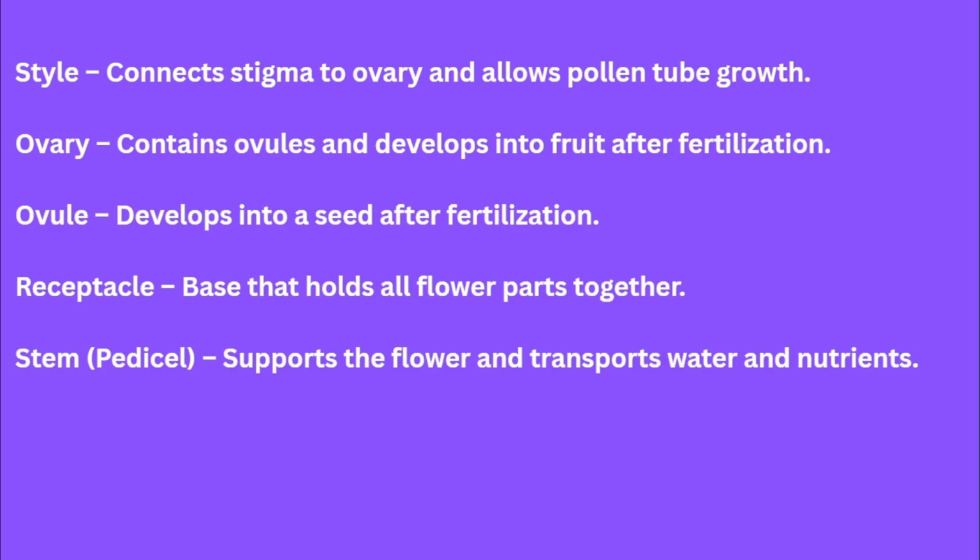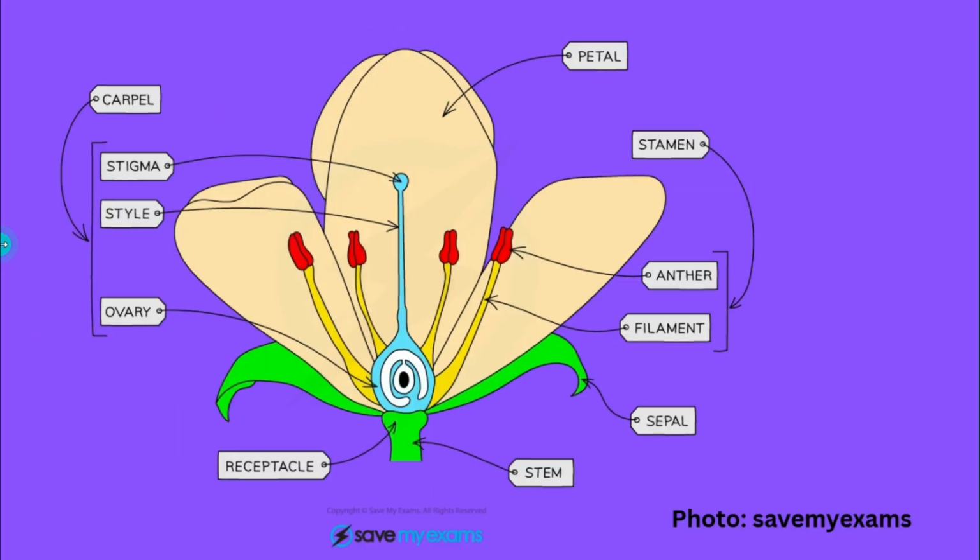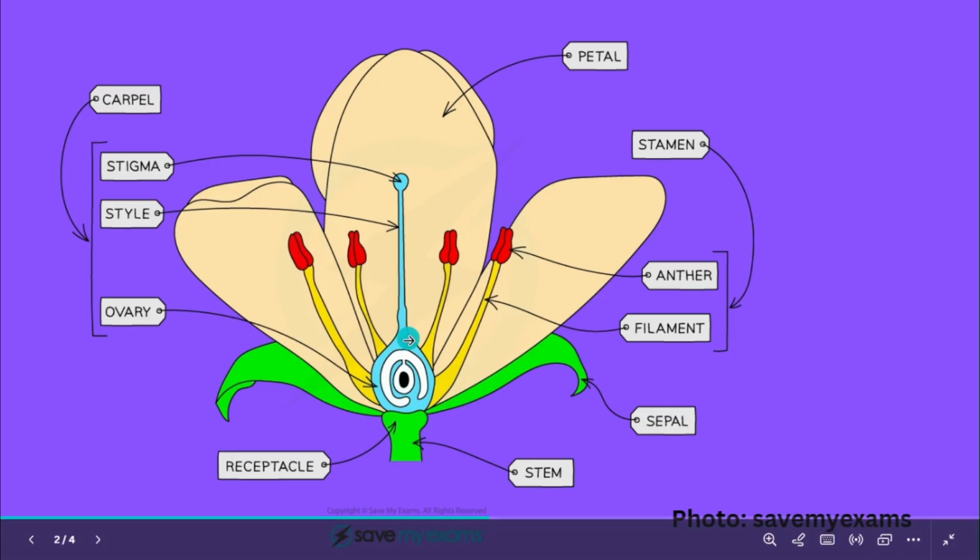Because what happens with fertilization is that once fertilization takes place, the petals and all of this are going to fall apart. The surrounding structures are going to fall, and what is on the stem will remain, and you'll have the fruit.